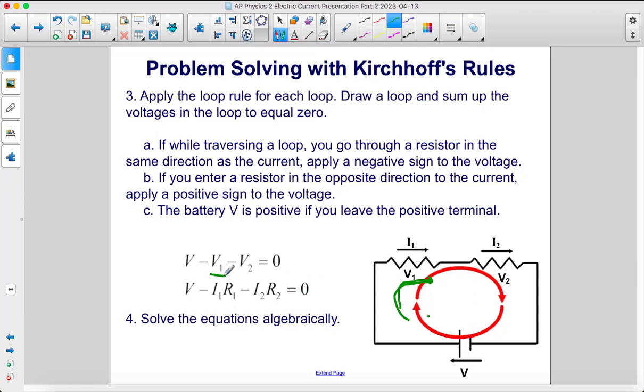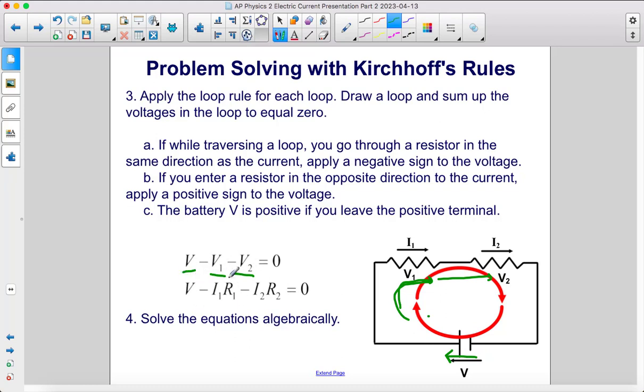So V1 will be negative. Then we're going to go through resistor 2, so V2 will also be negative since the current is in the same direction as the loop. The battery here is going to be positive if you leave the positive terminal. So if you're going through the battery and you leave the positive side, that will be a positive voltage. So that's why this V is positive.